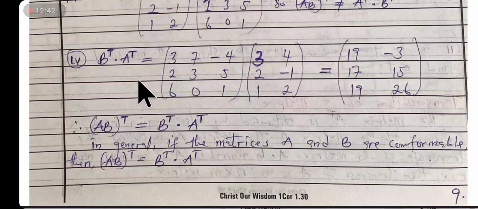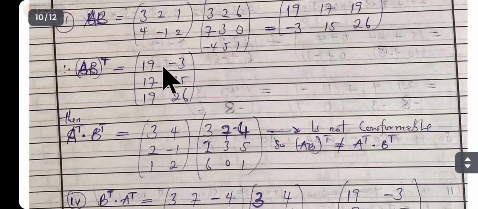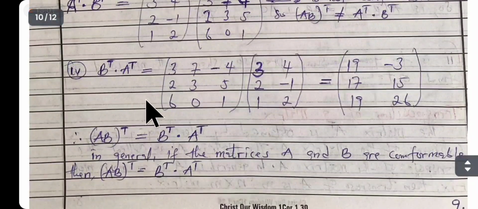Why is it so? Because this gives us this. Then let's find out what the transpose of AB gives us. Look at it. We find it here: 19, minus 3, 17, 15, 19, 26. And if you do them separately here, they give us the same thing. So discover that this is equal to this.